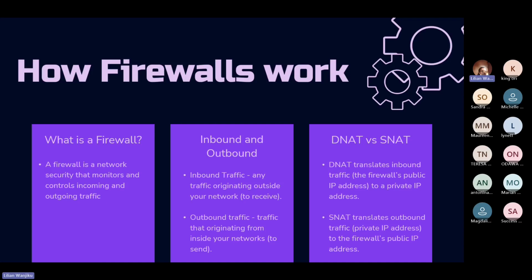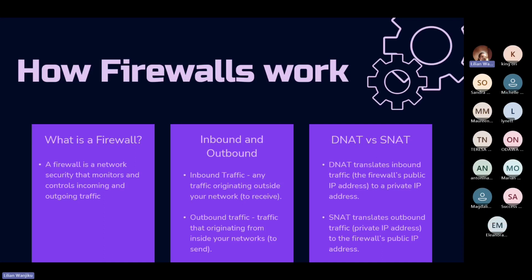And SNAT translates the outbound traffic. This is the traffic that is coming from your network that contains the private IP address. Any traffic that you send to an organization outside contains the private IP address, which identifies your device, say your laptop, your computer, your phone.